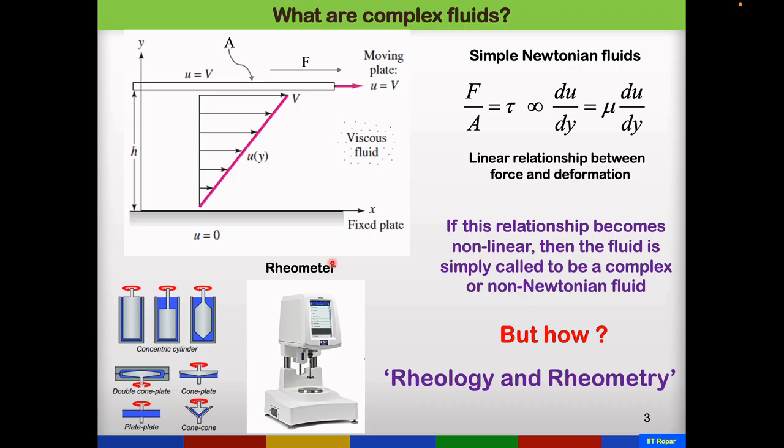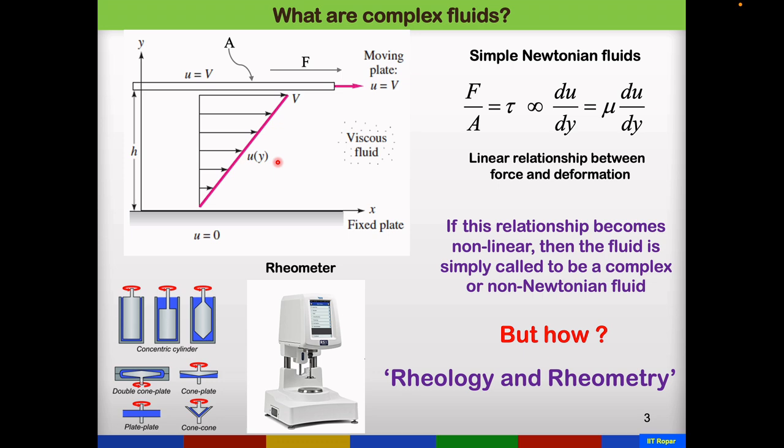So from this slide what we can learn is that whenever there is a non-linear relationship between tau and du by dy for this simple flow setup, we can call that fluid non-Newtonian or complex fluid.